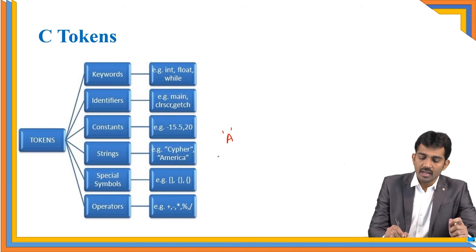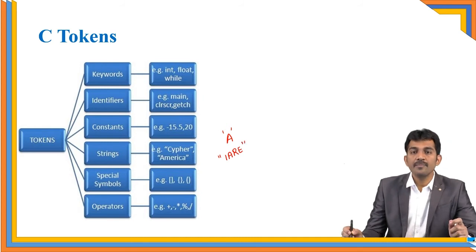A group of characters enclosed with double quotes is called a string. A character or a string comes under the strings category, which is also one type of token.